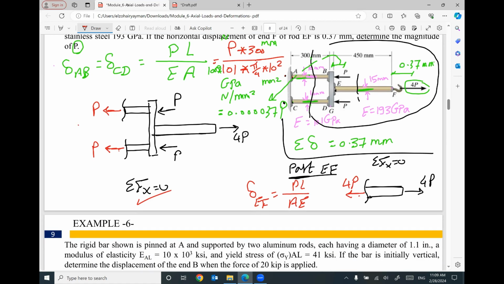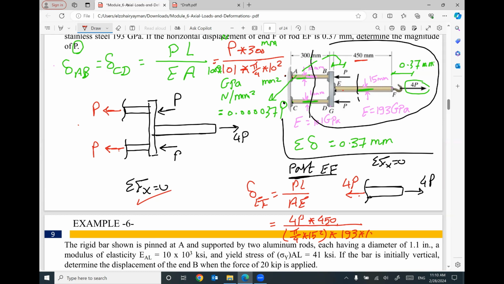Go ahead and put in your numbers. The applied force is 4P. The length of this part is 450. The cross-section area is pi divided by 4 times 15 squared. The Young's modulus of this part is 193 gigapascal.